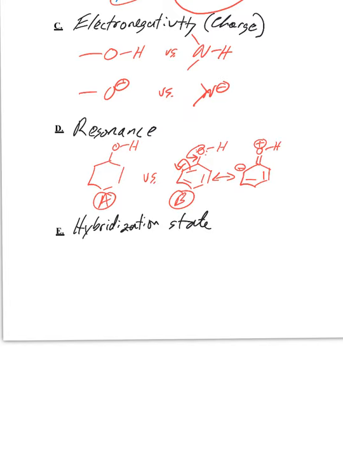It's a little more reactive, right? That resonance structure is telling me this is more reactive. Can this do resonance? No. So that's the starting material. What about the product, the conjugate base? Well, the conjugate base would look like this. Can that do resonance? Could this oxygen push electrons into the ring? Yeah. Is that going to make it more stable? Yeah. So things that can do resonance are more acidic. They're more reactive because they form stable products or they have more reactive starting materials.